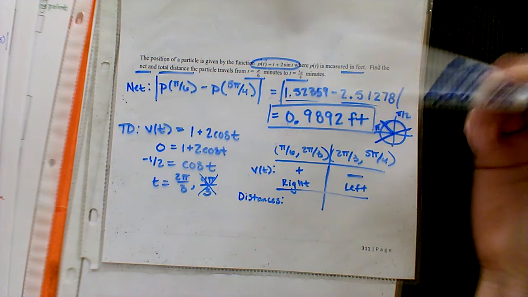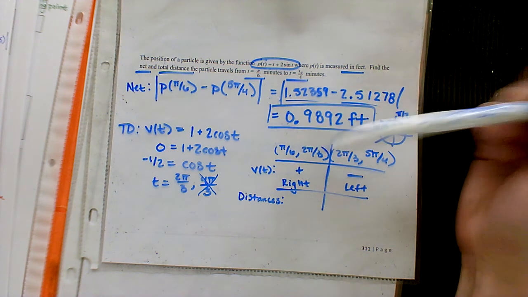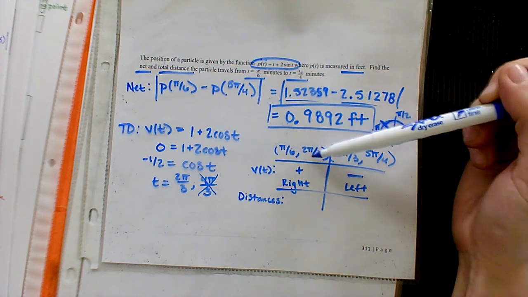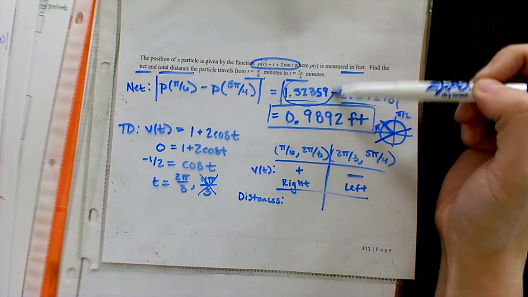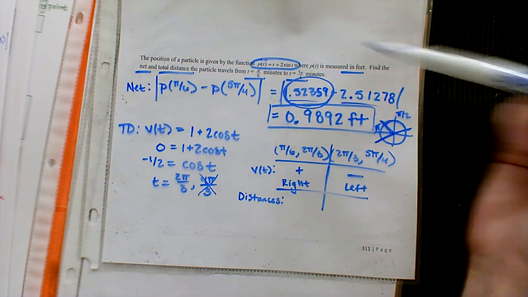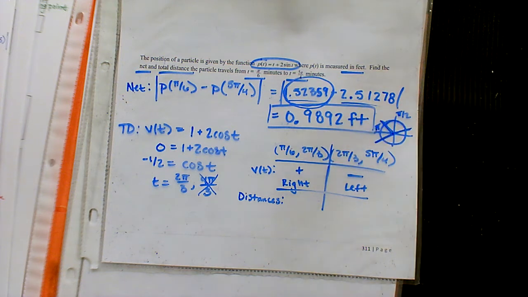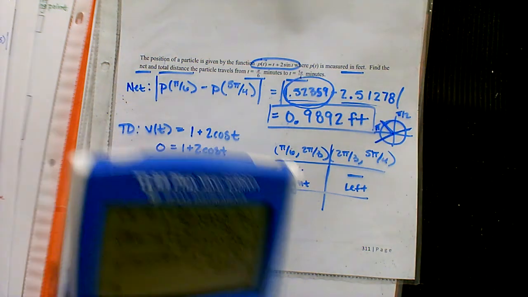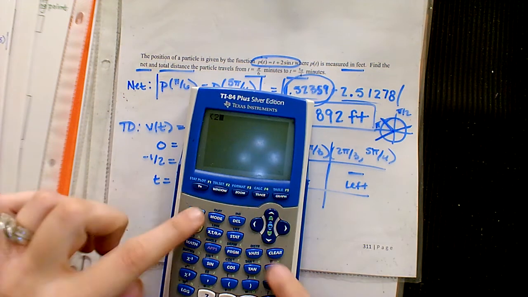So let's go ahead and calculate the distance between these 2 points, basically displacement on this interval. If we plug in pi over 6, we actually already know what that number is because we did that previously for net. So now we just got to plug in 2 pi over 3 and subtract and see what we get.